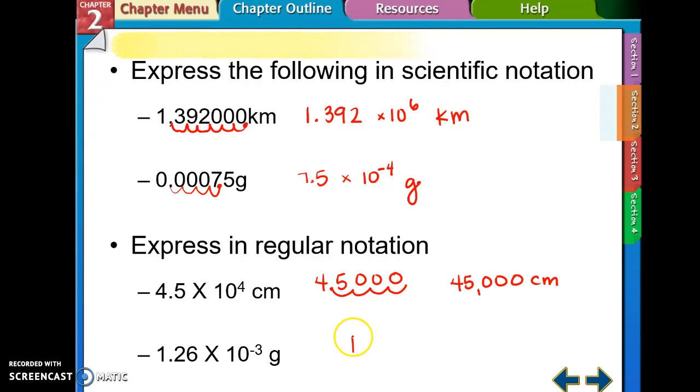So I'm going to take 1.26 and move it 3 times to the left. 1, 2, 3. And put a decimal right there. Put in those 2 zeros to fill in that trough. And I'm going to write a placeholder 0 right here, just to make life a little bit easier. It makes it look neater. And that's scientific notation.